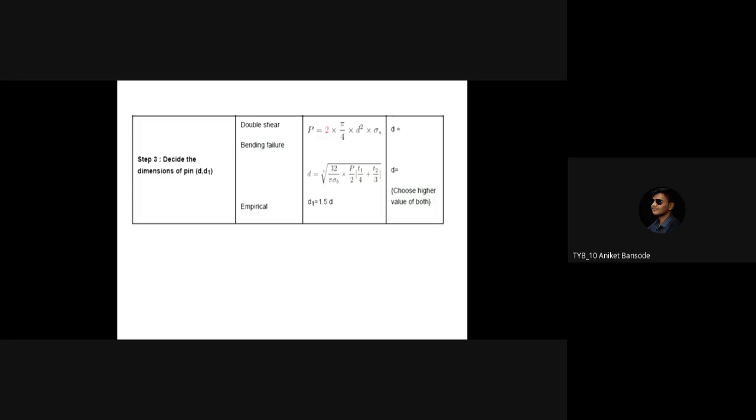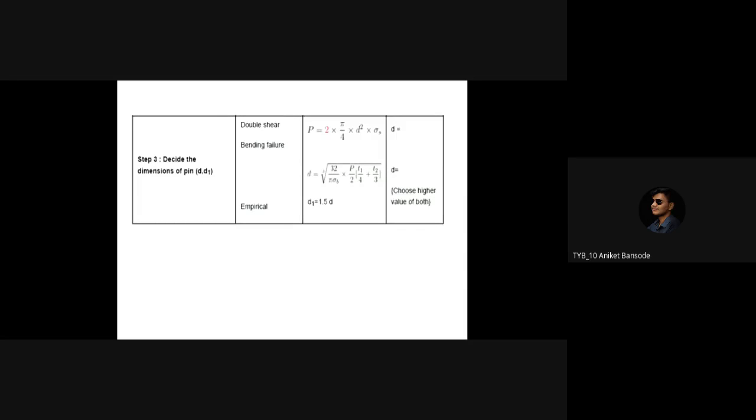Okay, then next, the third step is to decide the dimensions of the pin. The pin is inserted between the single eye and the double eye, and we have to decide that value. For that we are going to use the criteria of double shear of pin, bending of pin, and an empirical formula for calculating the head diameter of that pin.